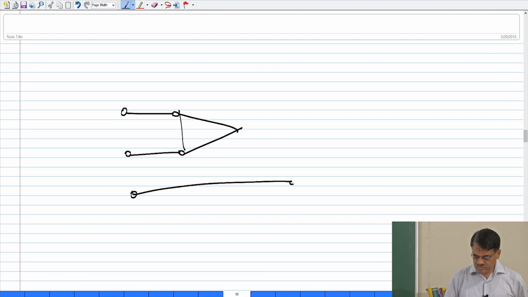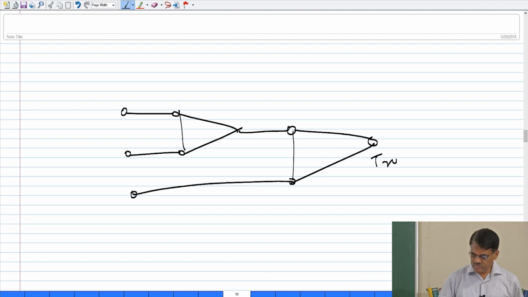Okay, so let's look at the gadget again. Suppose all of these are colored false in my literal that's coming in, then this vertex is forced.